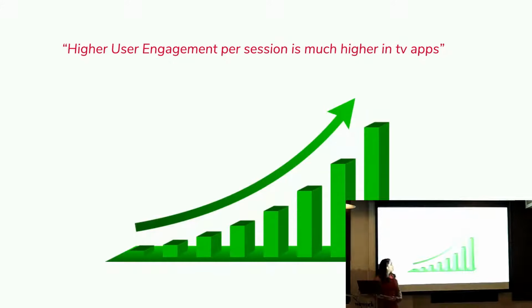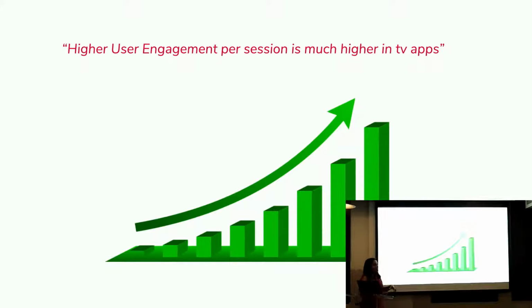The second thing, why we give more importance to user interaction, is that user engagement is very high in TV applications compared to mobile applications. What we have learned in our iFlix app is that our mobile app has a very varied scale of user interaction, from 3 minutes up to 3-4 hours.